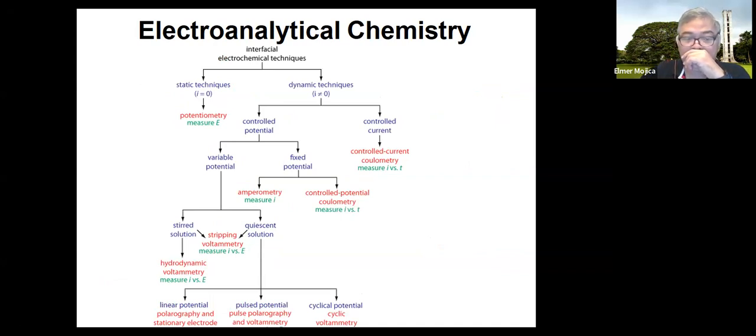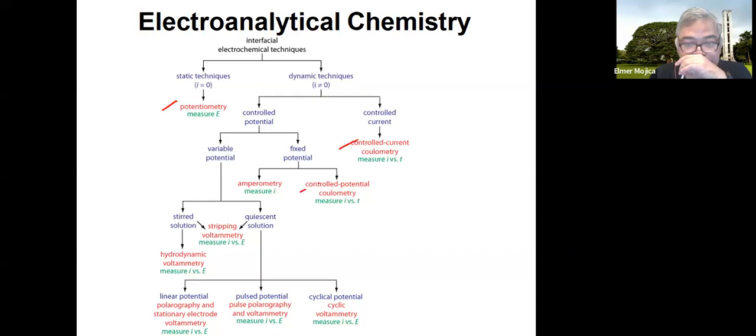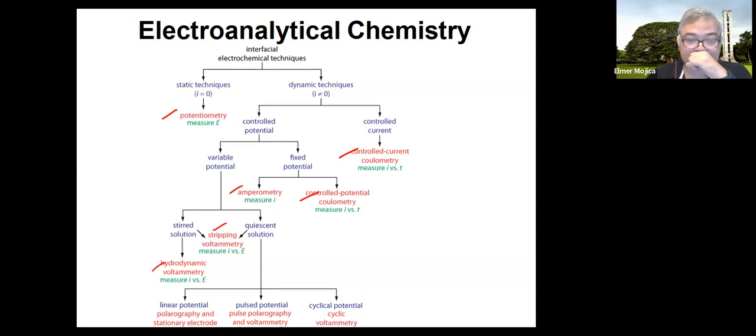Those in red are the specific instrumental techniques. Those in blue show the experimental conditions. And the one in green is the analytical signal.